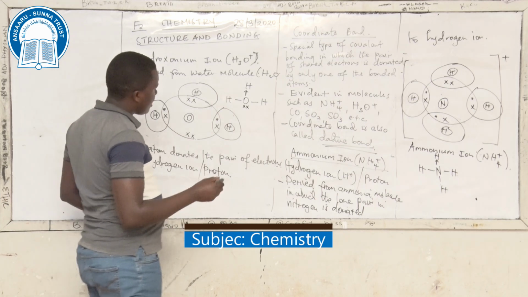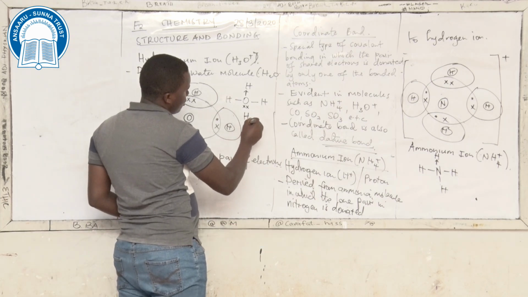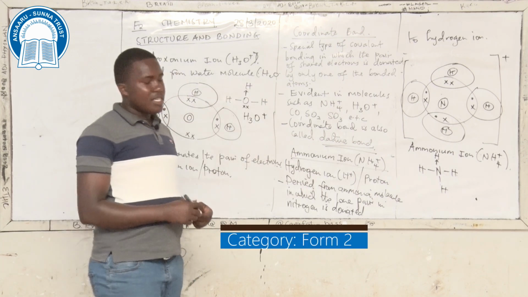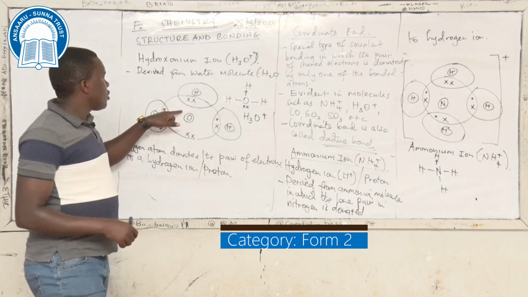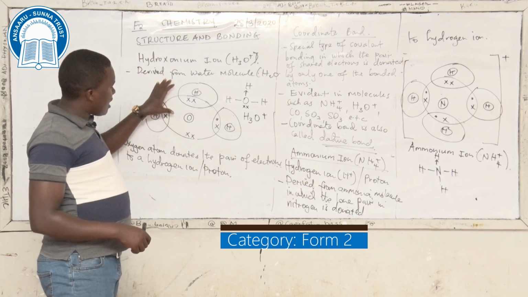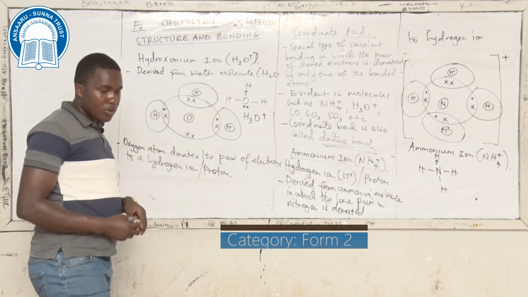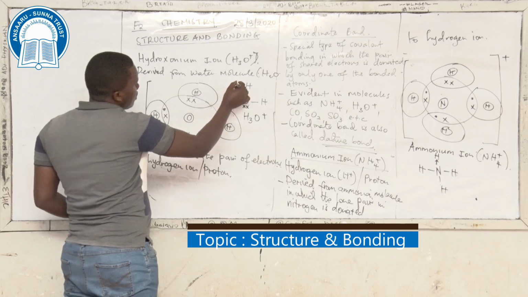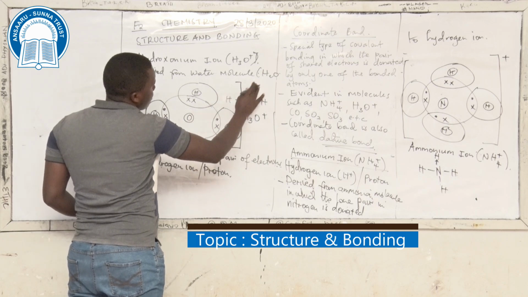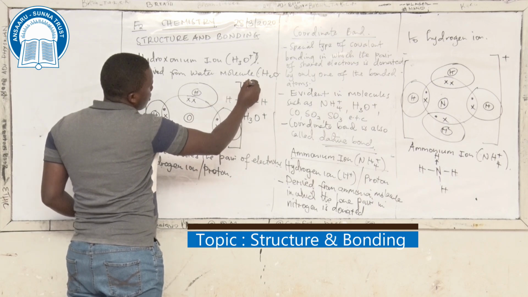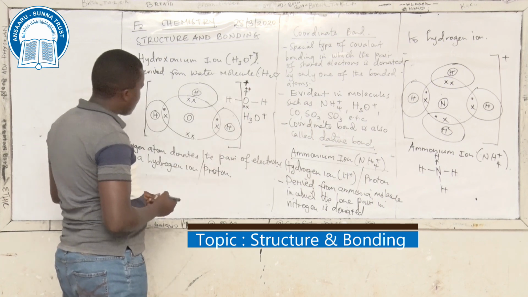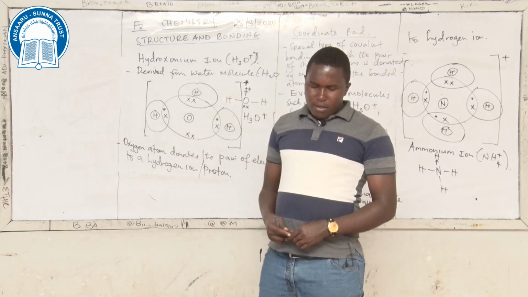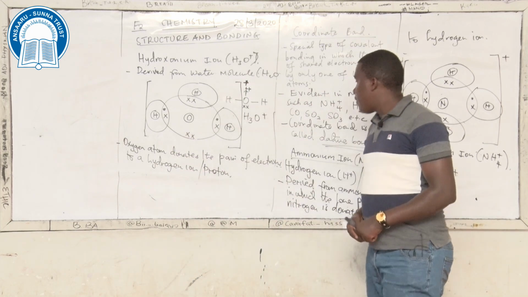So this is why we say this one is now H3O. But there's a plus, because this proton comes with more positive charge, and because it has no electrons, it adds a positive charge on the water molecule structure. That's why we must put the brackets and say plus here, because it is an ion. Very well.